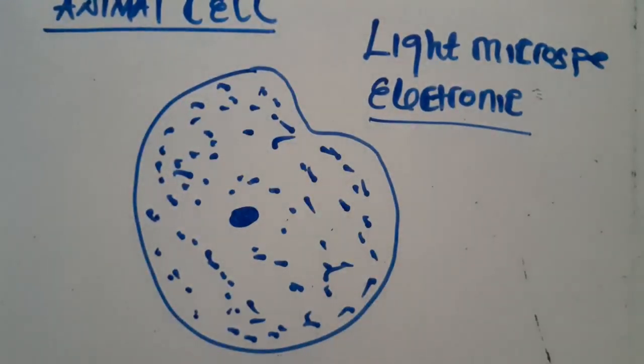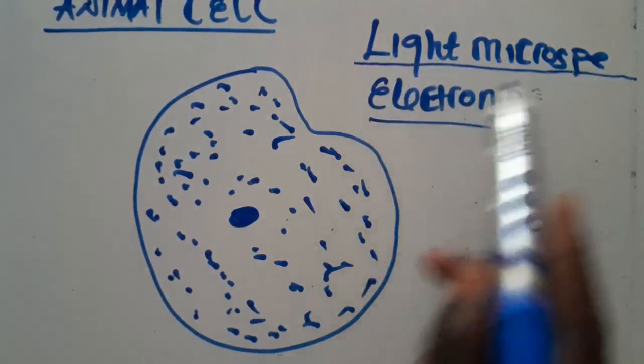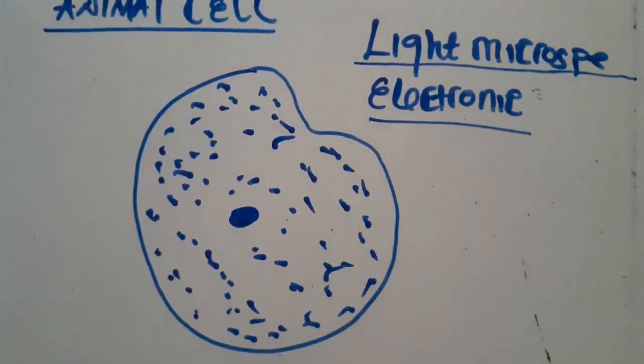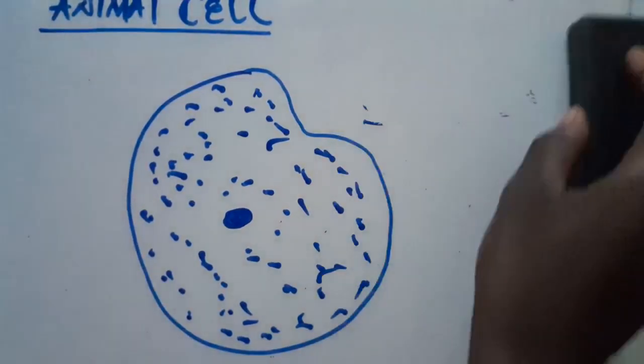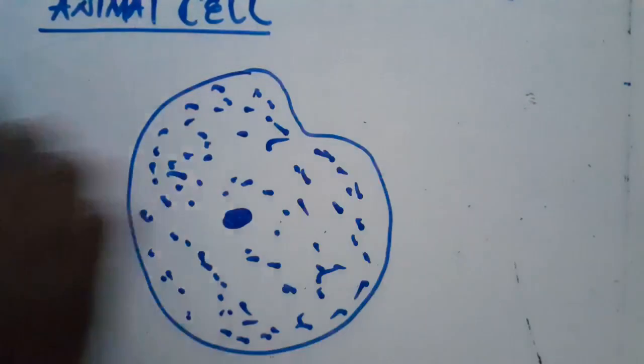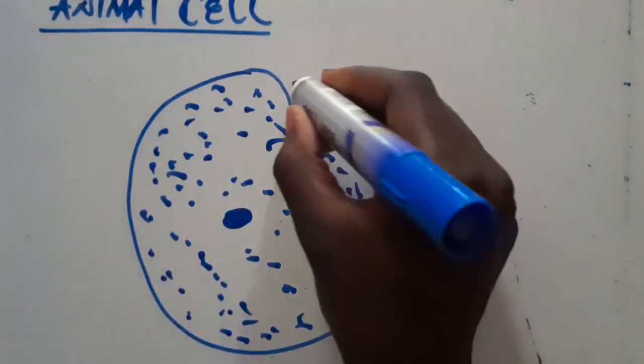So last time, the structures that we discussed, the plant cell and animal cell, were the parts viewed by a light microscope, which views a cell in a simple way, so there are only three parts that are seen.